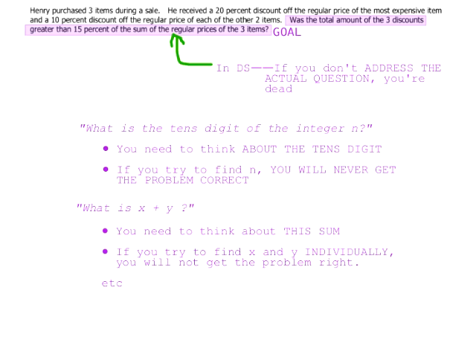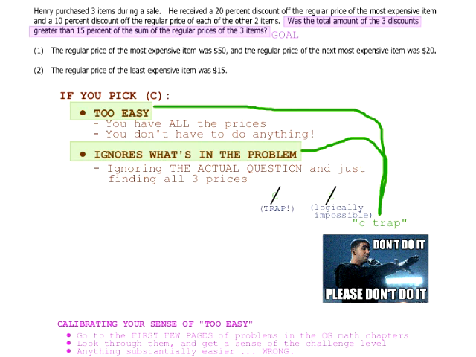A multiple choice problem can't punish this. If you could find all three prices in a problem that was multiple choice, that'd be great. You could just find them, and then you could just calculate stuff. But in data sufficiency, you're in the unique position of being able to punish people who are searching for too much information.